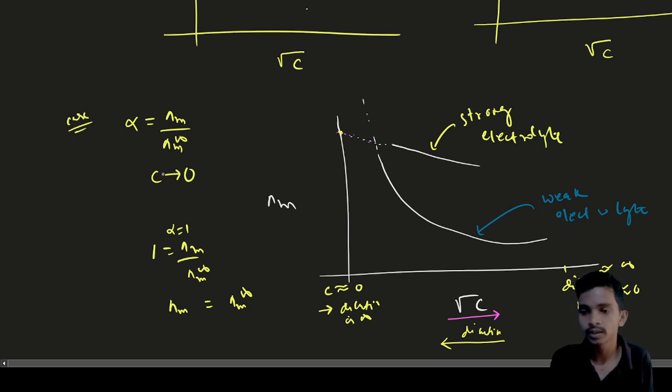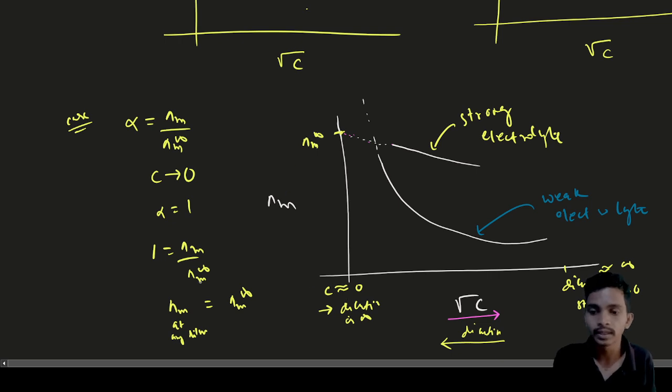We have discussed that when c tends to 0, alpha equals 1, and if alpha equals 1, then molar conductance upon molar conductance at infinity is 1, so molar conductance equals molar conductance at infinity. This is the molar conductance at any dilution or concentration, and it equals the molar conductance at infinity when c tends to 0, or at infinite dilution.